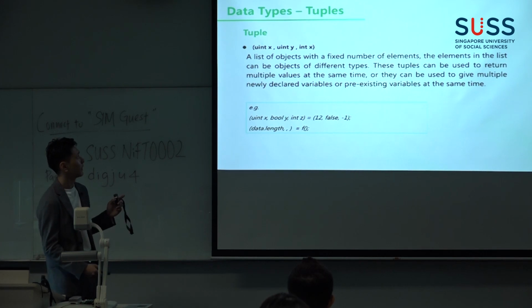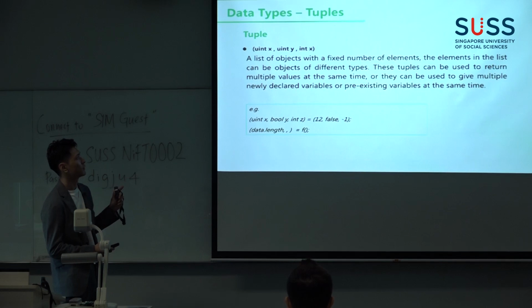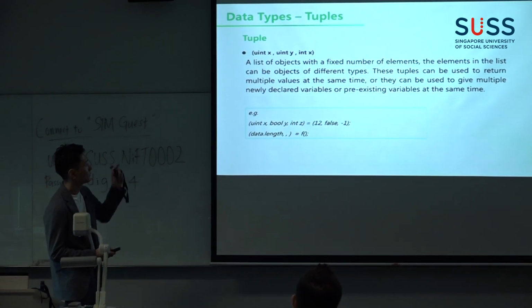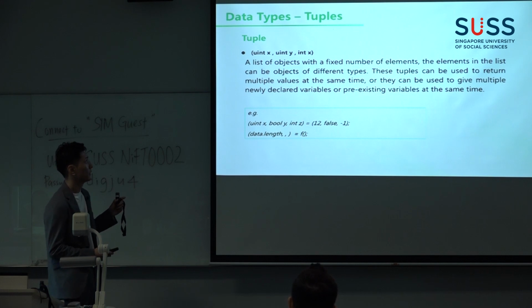This one's a little bit complex. It's called a tuple, and a tuple is a list of objects with a fixed number of elements. So we can see there's uint x, uint y, and integer z, so they can be different types. During development, we usually use tuples to receive return values from functions.